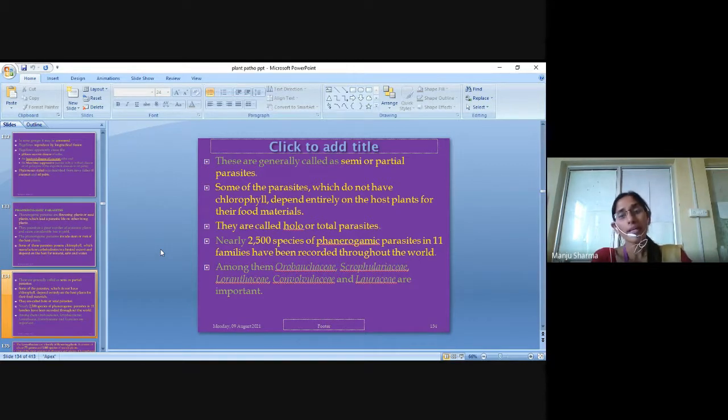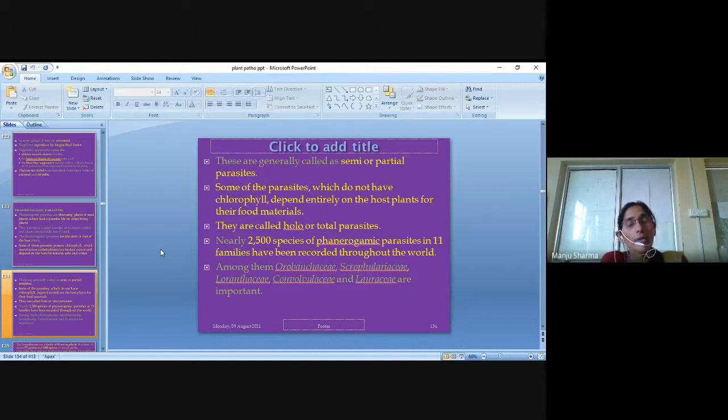Some of the parasites which do not have chlorophyll depend entirely on the host plants for their food material. They are called holoparasites or total parasites, because they are completely dependent on the host.